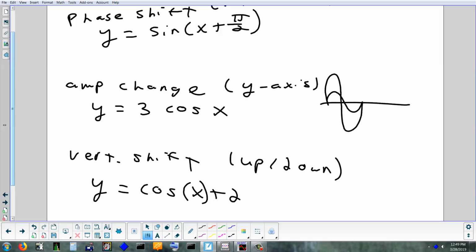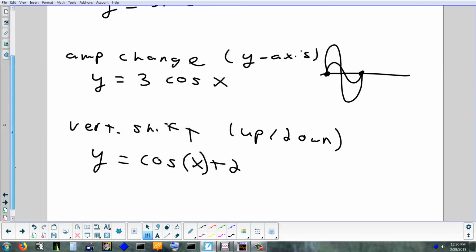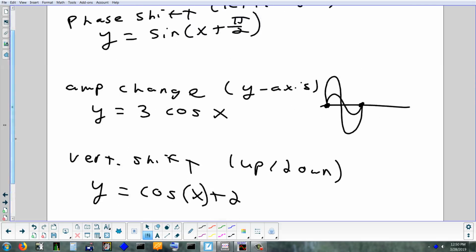There's an amplitude change. Notice no change in the width at all. If you took a ruler and measured from here to here on the small one, or from here to here on the big one, they have exactly the same width, but they don't have the same height. We call it amplitude. So that might be handy for a reference sheet, just to summarize them.